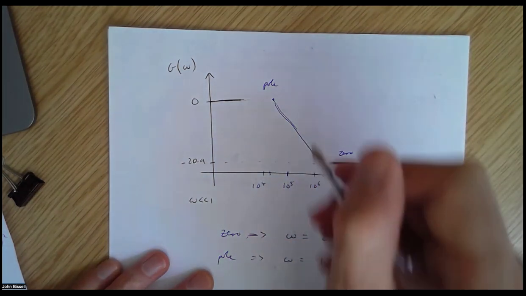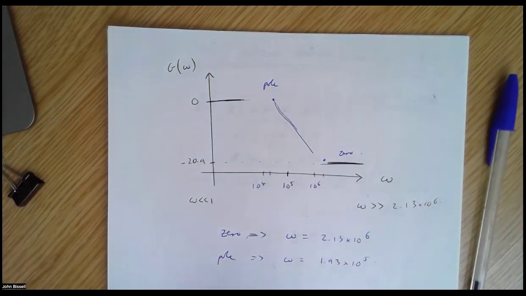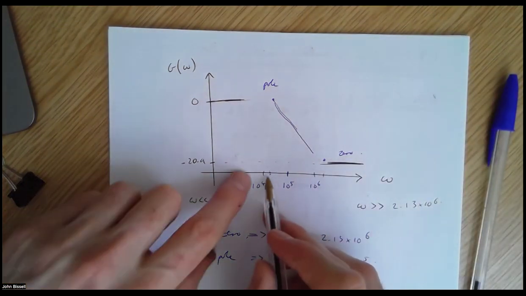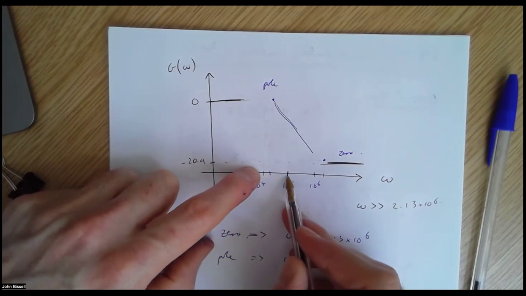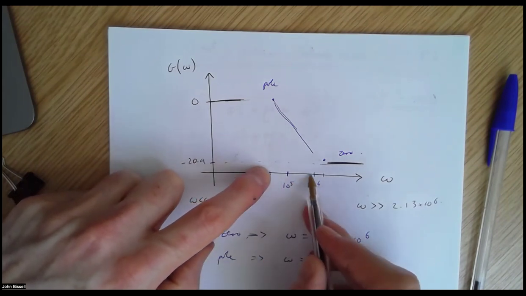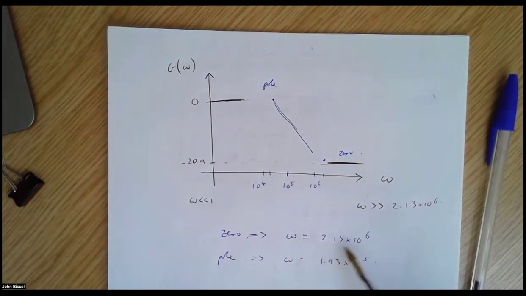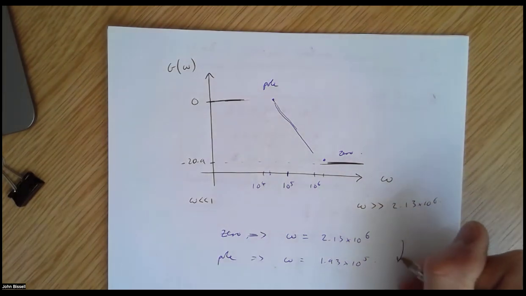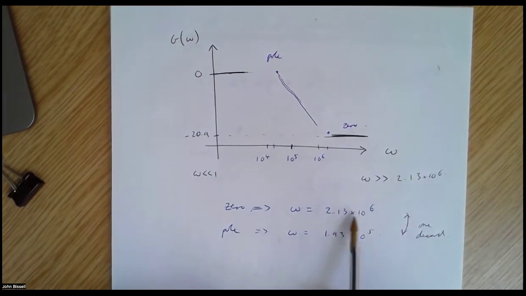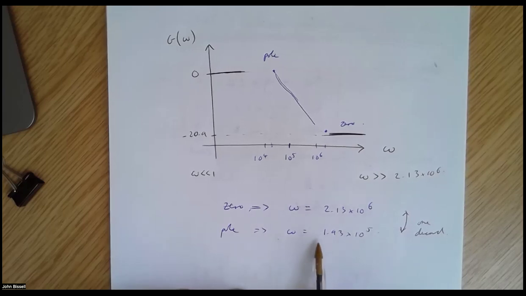All right. So when we're going from 10 to the 4 to 10 to the 5, or actually here, that's almost 1 decade, isn't it? 2.13 times 10 to the 6 compared with 1.93 times 10 to the 5. You can think of that as 2 times 10 to the 6 and 2 times 10 to the 5.